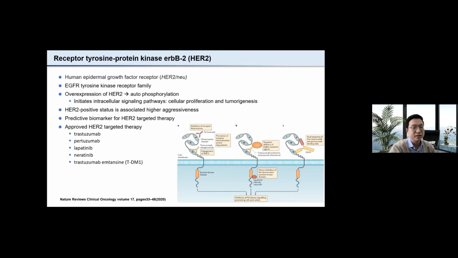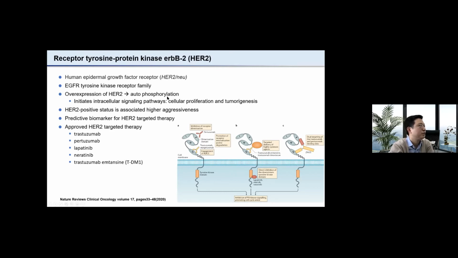benefit for the patients. As you all know, HER2 is a kind of EGFR tyrosine kinase receptor, and the overexpression of HER2 leads to autophosphorylation of the tyrosine kinase, which is inside of the cell. When this tyrosine kinase is phosphorylated, it initiates the intracellular signaling pathway, which leads to cellular proliferation and tumorigenesis.